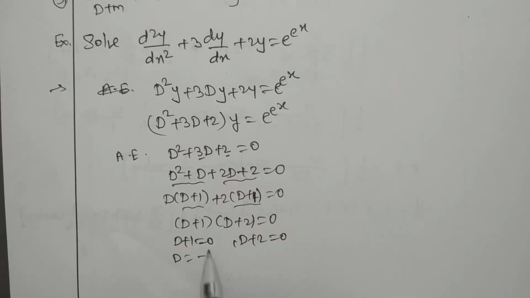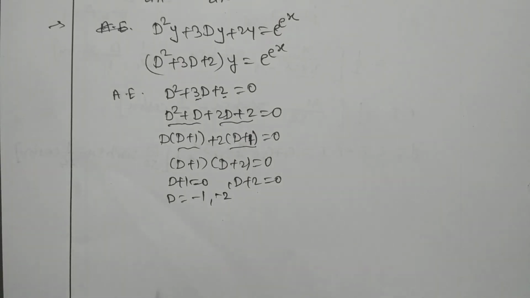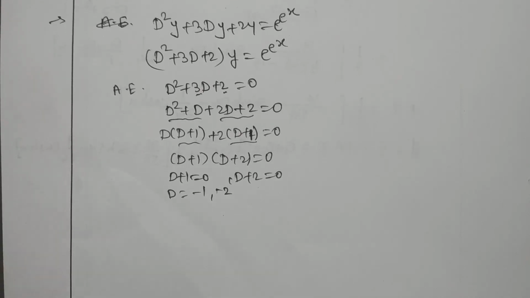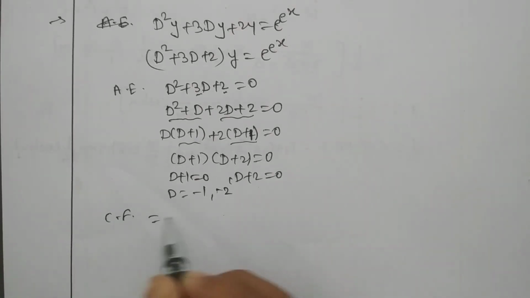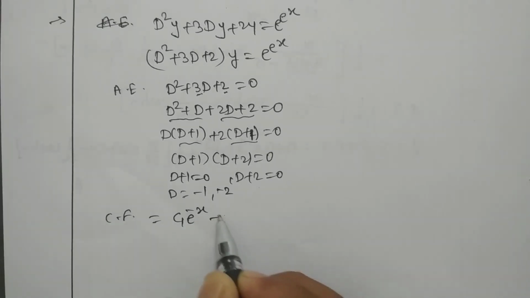That means the value of D is minus 1 and minus 2. So these are the two roots. These two roots are real, non-repeated and distinct. So what is CF? CF is equal to C1 e raised to minus 1 x plus C2 e raised to minus 2 x. That is our CF. Now we have to find the particular integral PI.